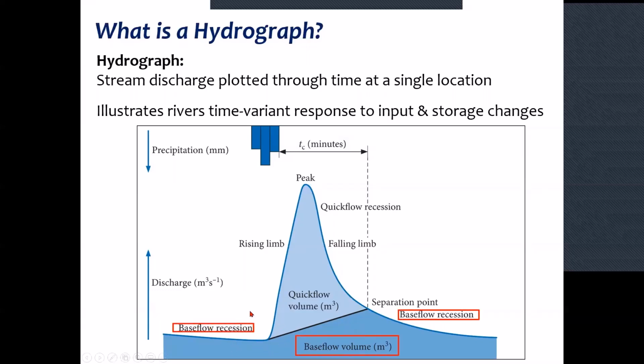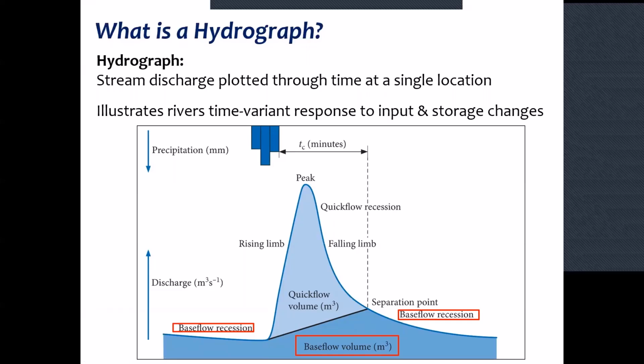So first of all, preceding the event, preceding the hydrograph, we've got base flow. So we've got these three terms here: base flow recession, base flow volume, base flow recession. Again, leading up to the event, the river discharge should be declining in most cases.